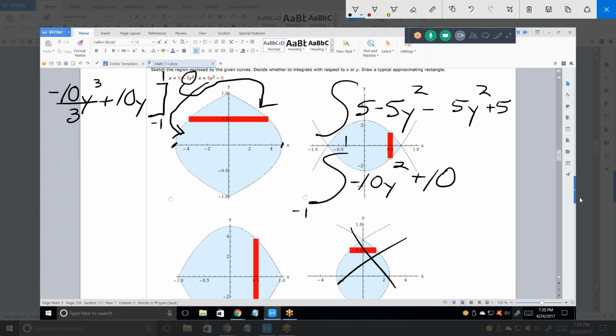Now, that sure looks symmetrical to me, doesn't it to you? So let's try my little experiment. Because if I go from negative 1 to 1, I'm going to have to evaluate at both of those numbers. So let's go from 0 to 1 and multiply the answer by 2.